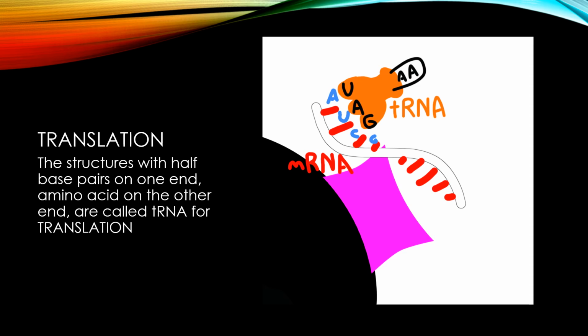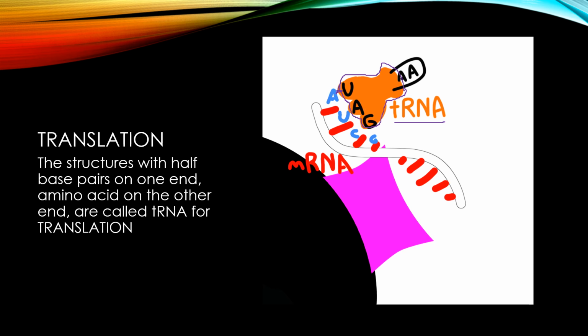And this orange structure that has the complementary base pairs on one side and the amino acid sticking out of the other side, this is called tRNA. And the process of this structure coming up and attaching itself to the mRNA, leaving the amino acid sticking out, that's called translation.